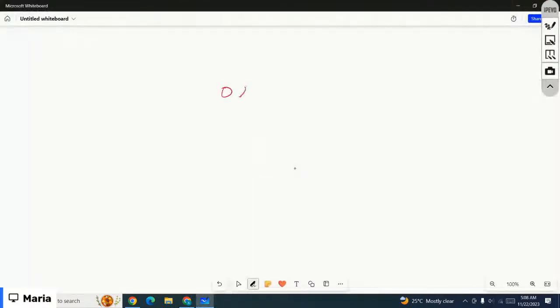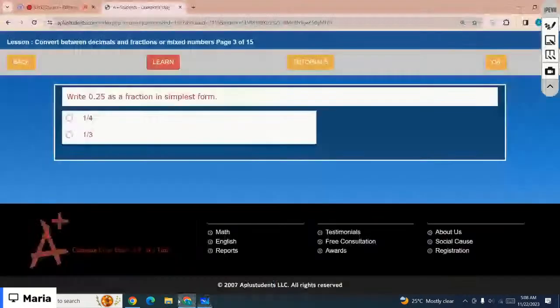So you have to add 1 when you remove the decimal point, and then you have two digits, so it would be 25 over 100. You have to write it in simplest form, so you divide by the common number, that is 25. 25 times 1 is 25, 25 times 4 is 100. That would be 1 over 4. So the correct option is 1 over 4.